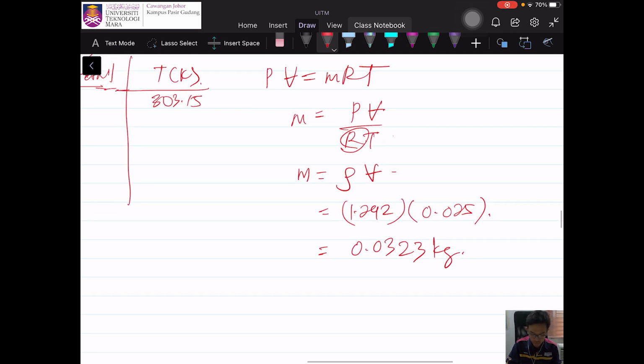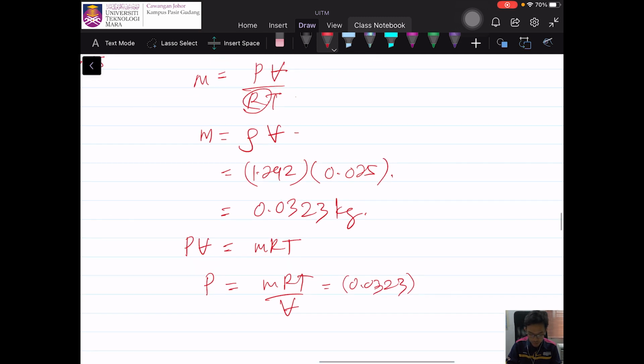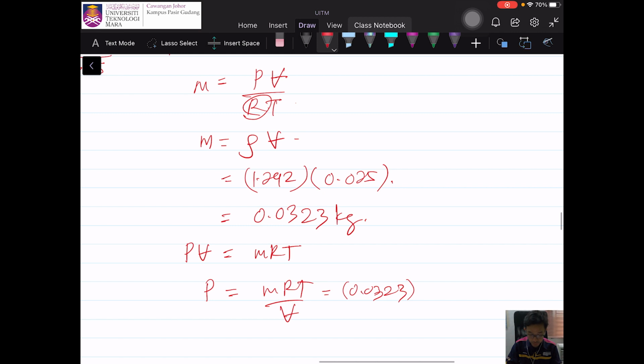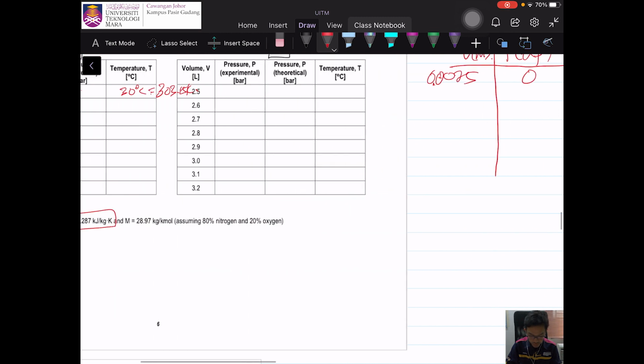So it becomes P equal to mRT over V, which is 0.00323, multiply with R. R here is 0.287.